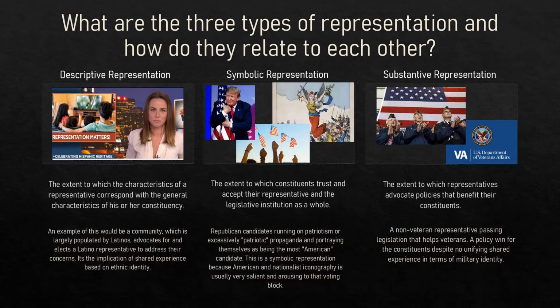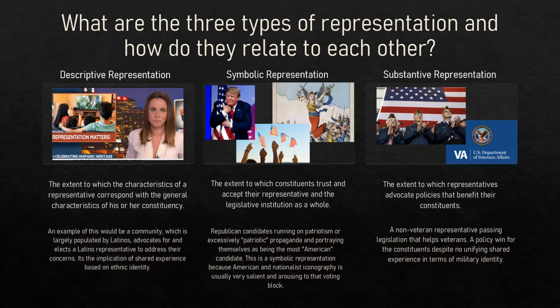For symbolic representation, it is the extent to which constituents trust and accept their representative and the legislative institution as a whole. A simplified example of this would be if a candidate is putting forth very patriotic propaganda or portraying themselves as the most American, kind of towing the line with that maverick iconography. I think John McCain really capitalized on that.